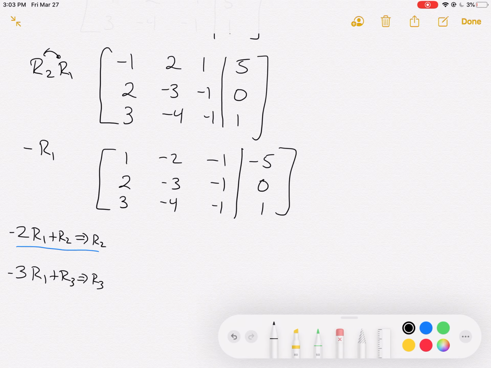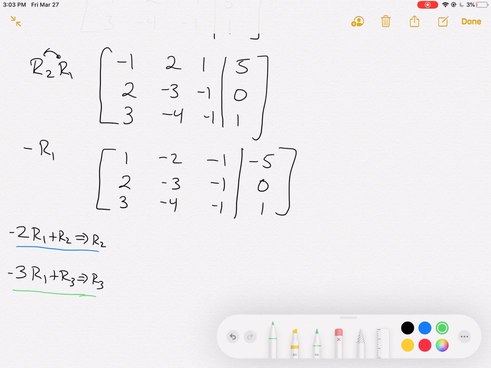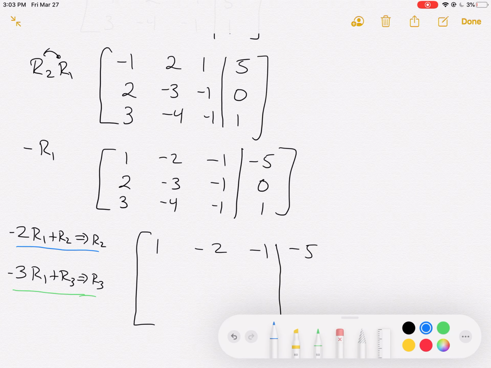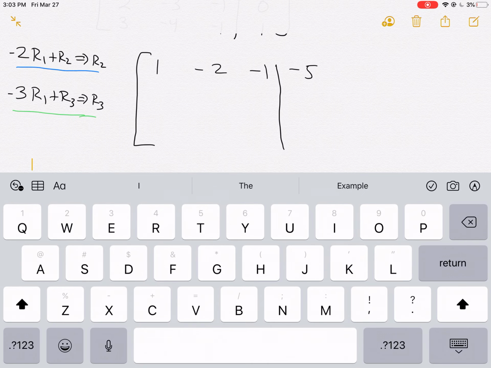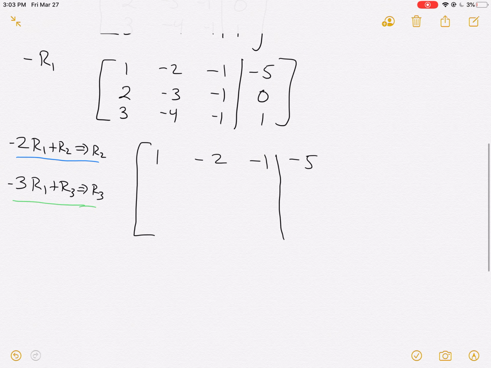Let's model doing two things at the same time, even though I said I wasn't going to do that about 2 seconds ago. As I think about that, that's what typically happens, right? And so the trick is to keep everything straight. So what we're not changing in either one of these is row 1. That's going to stay the same. But take a look. If we were to do the negative 2 times row 1 plus row 2, what would we get?